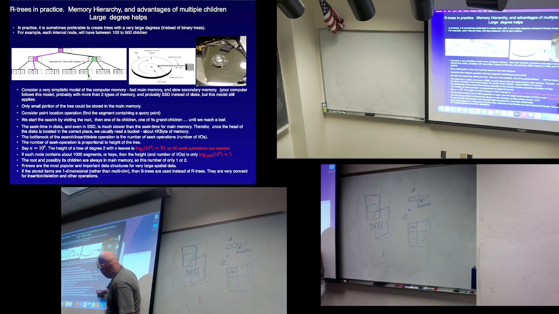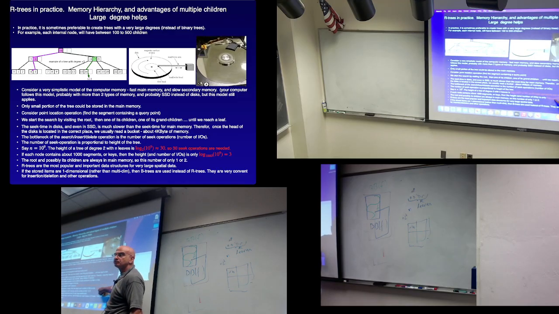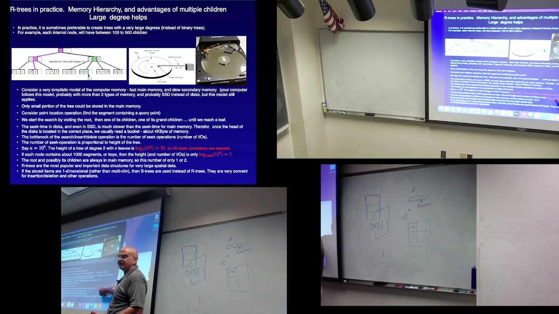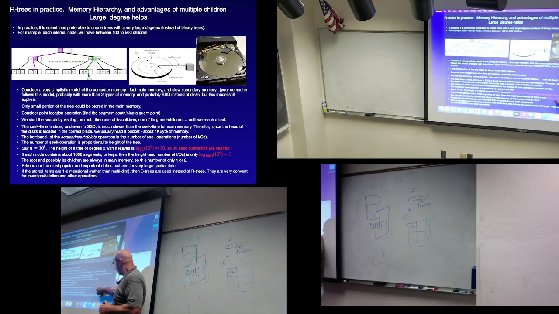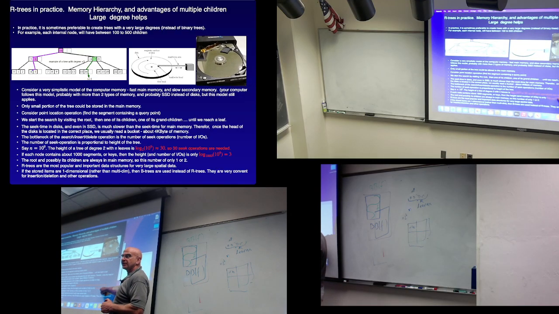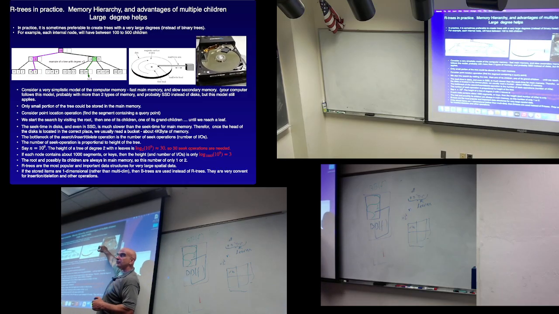Log to the base 1,000 is completely realistic. If I have a few kilobytes per node, I have enough room to store a few hundred or a few thousand children. Log to the base 1,000 of 10 to the 9 is only 3. Meaning that the height of the tree decreased to 3, meaning that the search will take only 3 IOs.